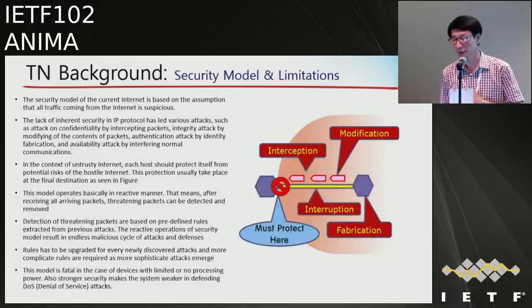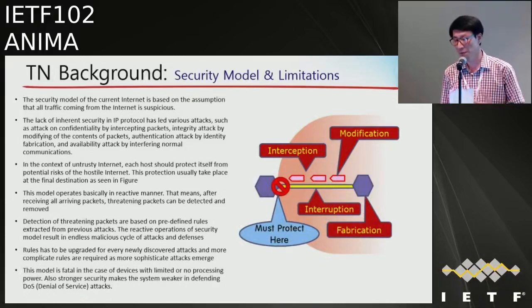And the lack of inherent security in the IP protocol has led to various attacks, as you know. And in the context of an untrusty internet, each host should protect itself from potential risks of a hostile internet. And this protection usually takes place, as you can see in the diagram here, at the final destination.